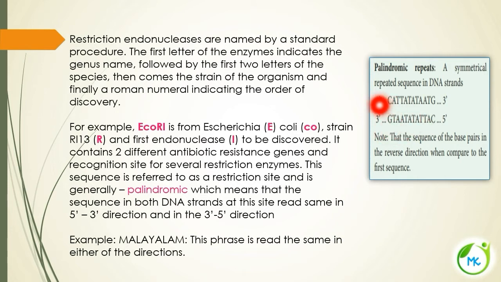It is the same from 5' to 3' direction, whatever it reads, and here also it will read the same from 5' to 3'. So this is referred to as the palindromic repeats. These restriction endonuclease enzymes will recognize such a kind of sequence.